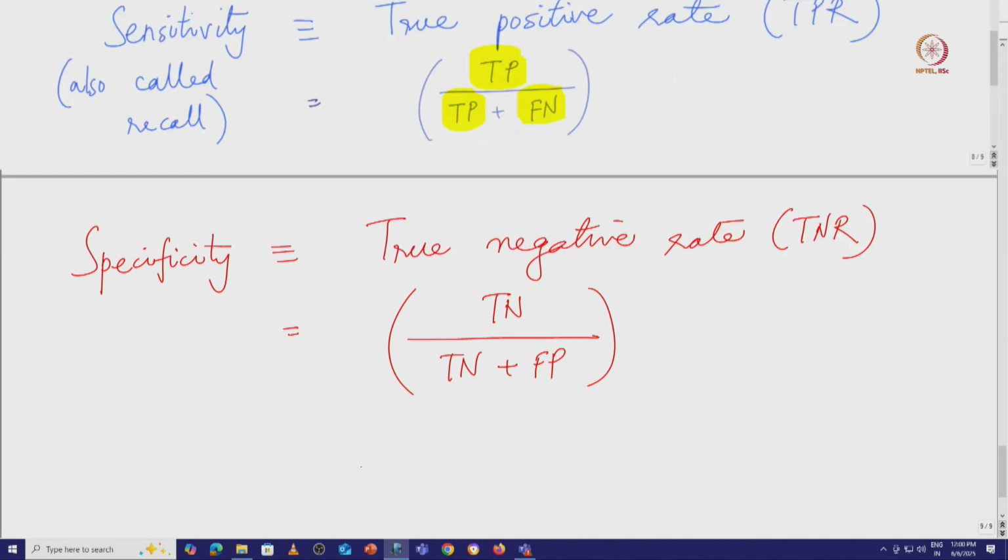Now that we have defined the sensitivity and the specificity, we can define the balanced accuracy score.